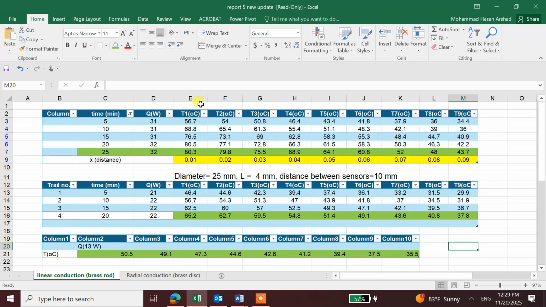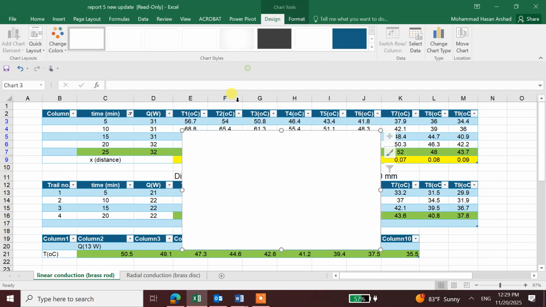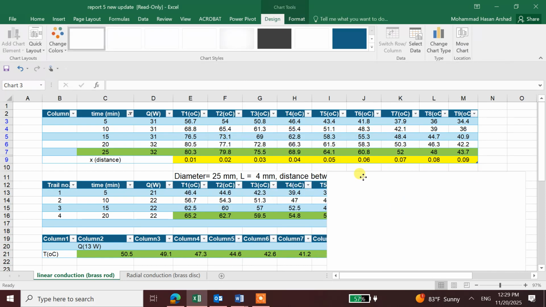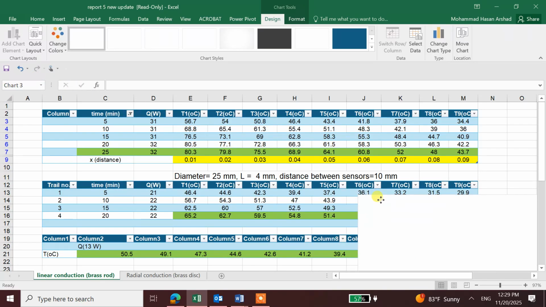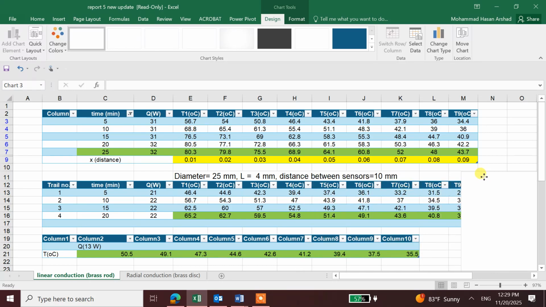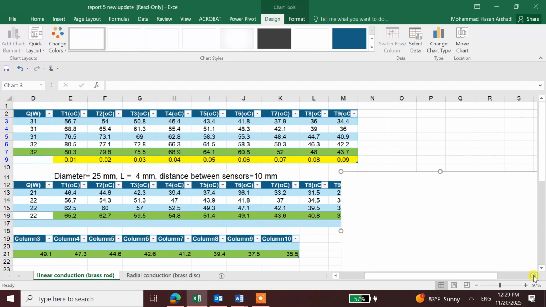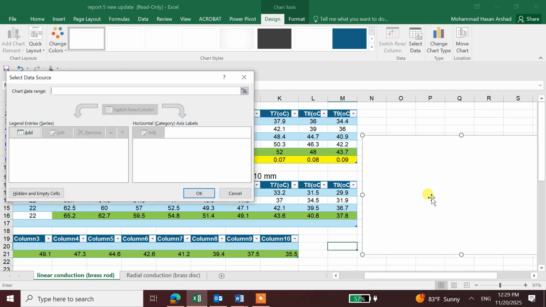So we can plot only this one, as scattered data points again. Add it.